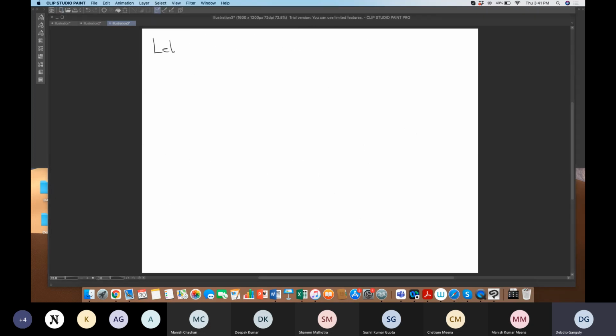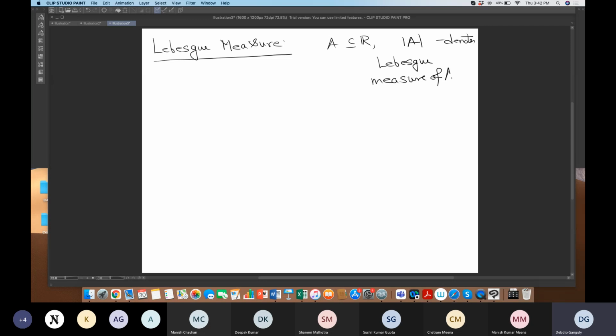Just now I will talk about Lebesgue measure. A is a subset of R. I denote by this the Lebesgue measure of A. So what is the Lebesgue measure of A plus x naught? Lebesgue measure of A. Very good. What is the Lebesgue measure of lambda times A?